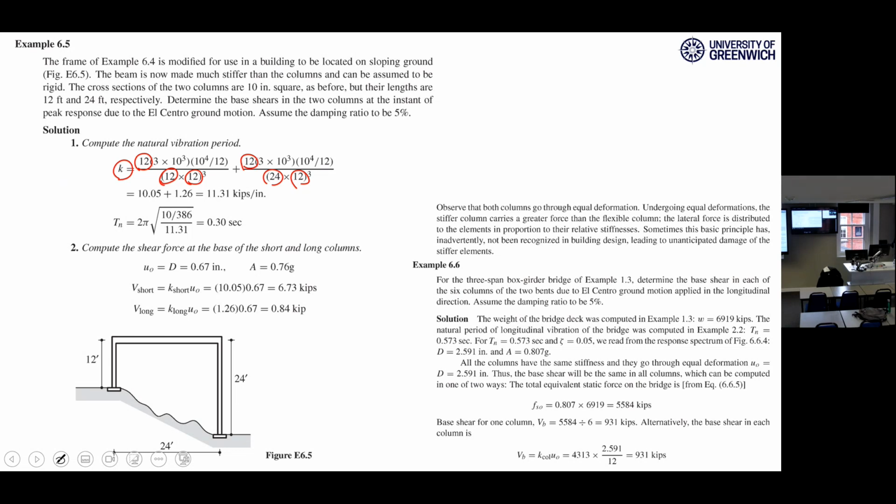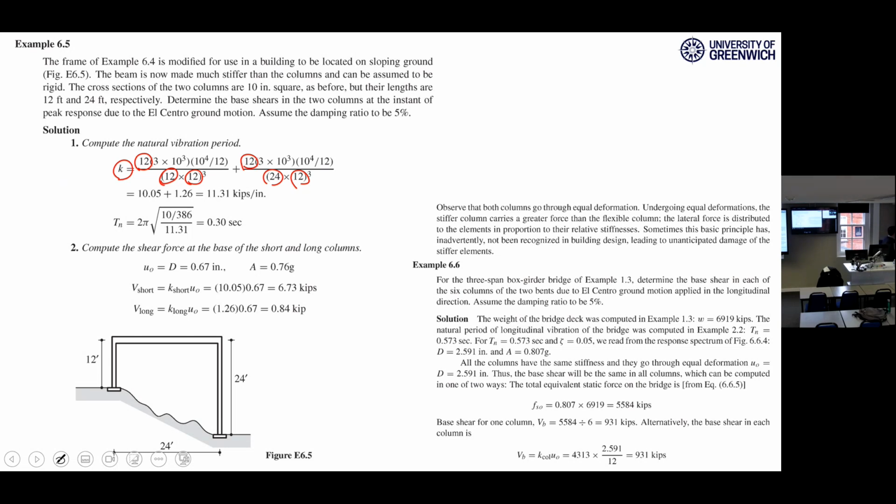If the total is 9, one part is here, 8 parts are here. It means that this column is way more stiff than this column. How far? 8 times. If the total stiffness is 9, 8 parts are this one, 1 part is this one.